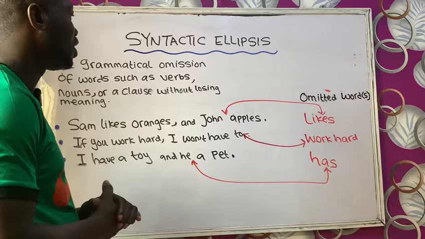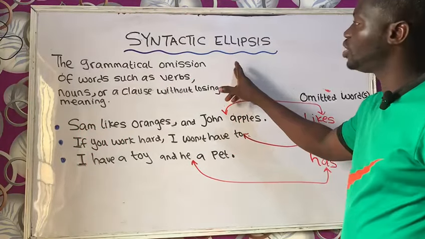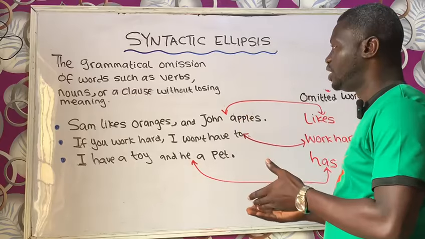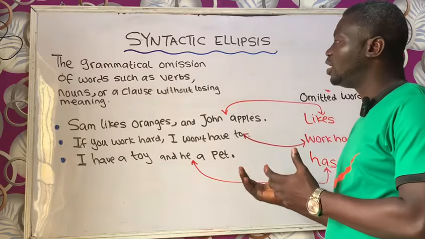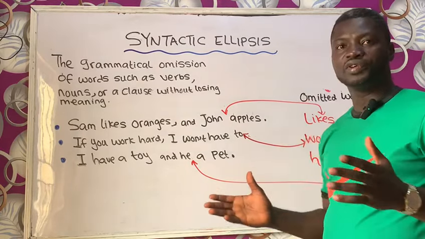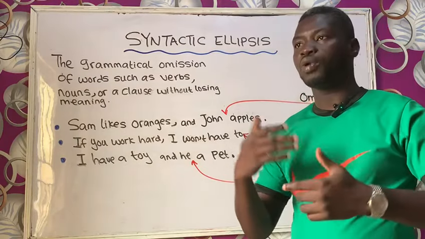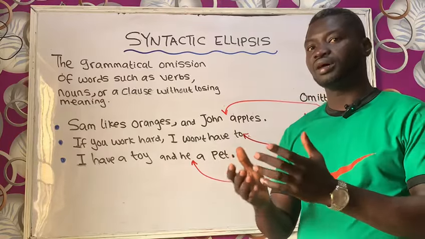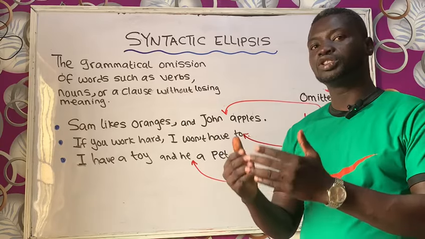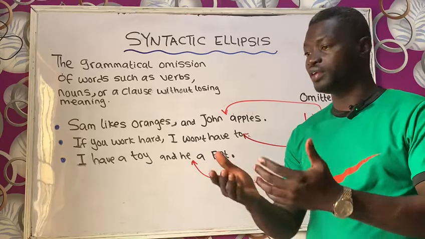What exactly is it all about? Very quickly, it is the grammatical omission of words such as verbs, nouns, and sometimes even a clause without losing its meaning. Of course, here we focus on the grammatical element. If you remember, while we're talking about the dialogic ellipses, it's all about responding in a short manner, not having to give a response in a full version.